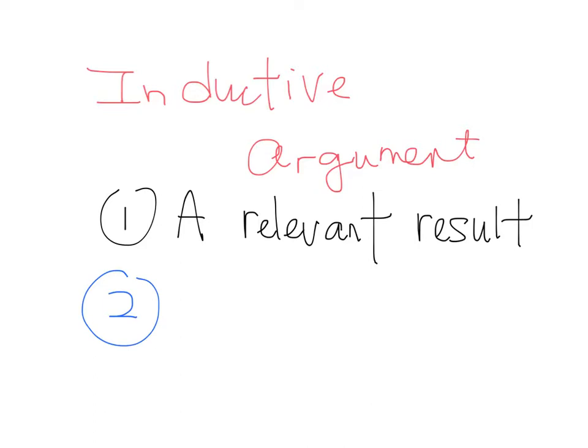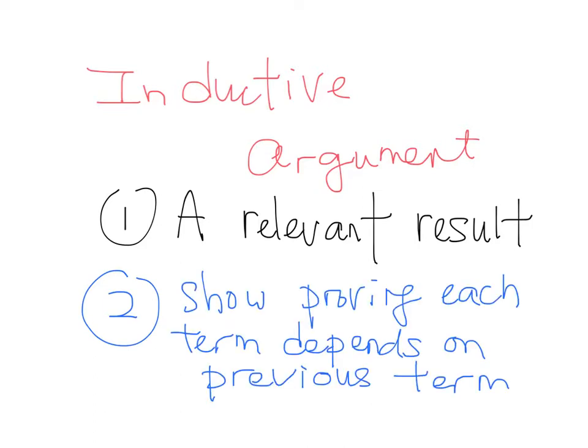And the second thing is that you show that to prove each term, it depends on the previous term, and these two things are important. You find relevant results that could be used to do the proving, and you show that proving each term really depends on the previous term. So with these two things in mind, you can now proceed to look at the examples, the next one.